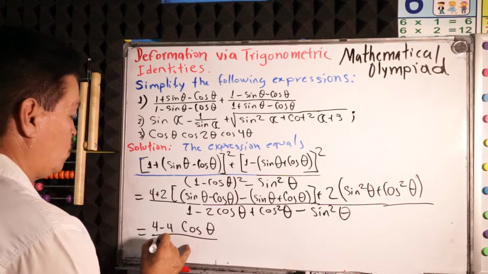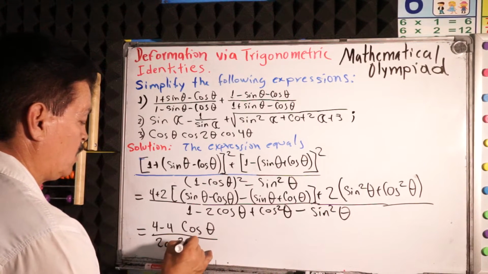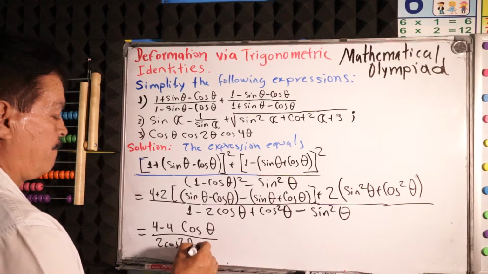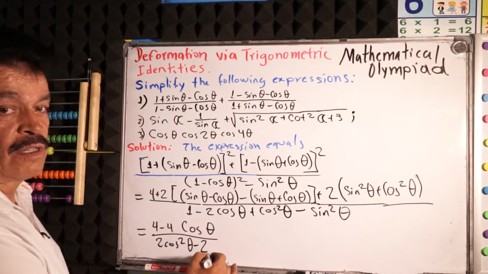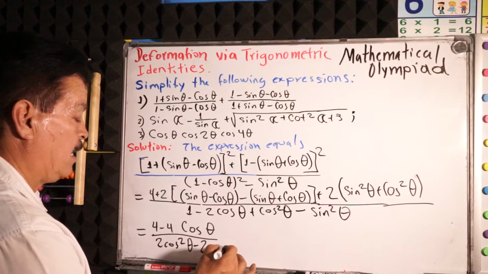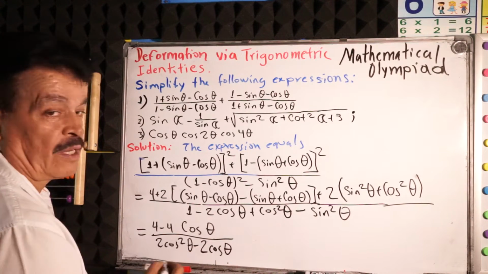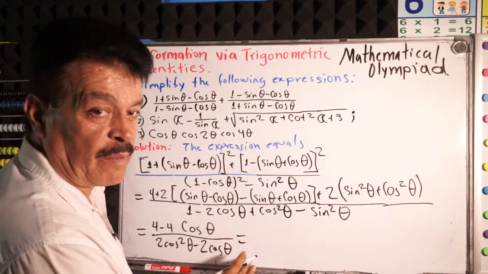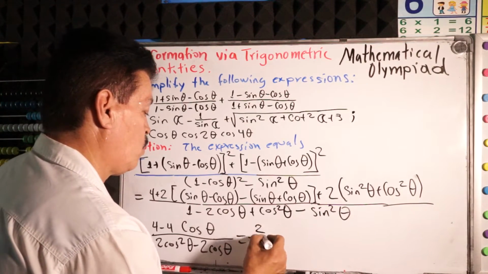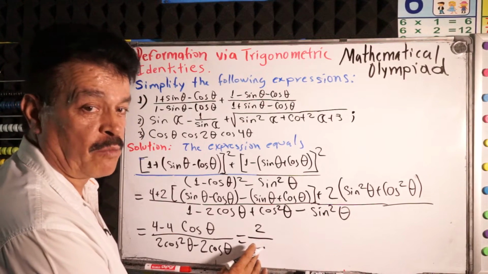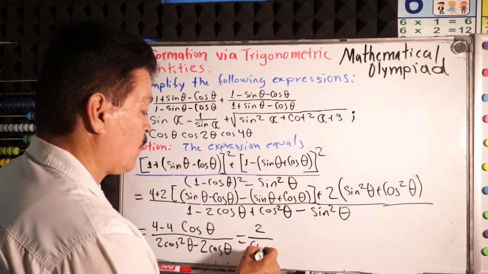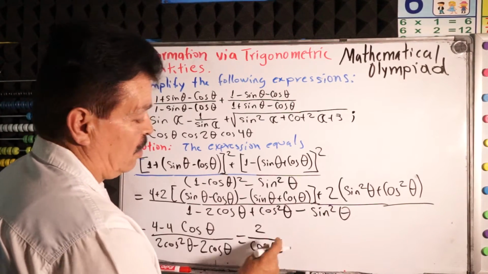Divided by 2 cos to the second power minus 2 cos of the angle which we are talking about. So now if we simplify this, we have 2 on top and 2 in the denominator, we will have cos right here.